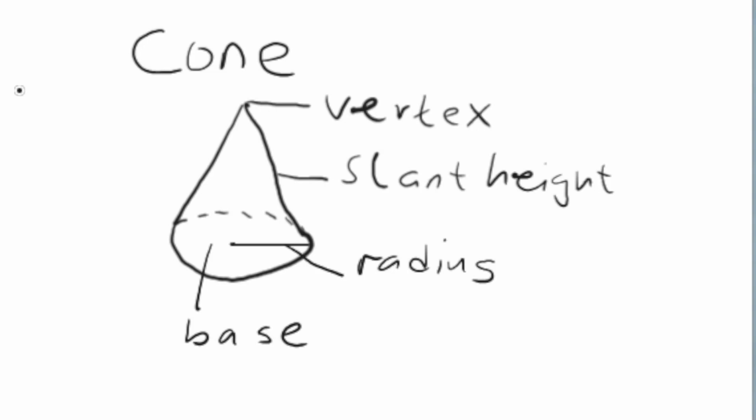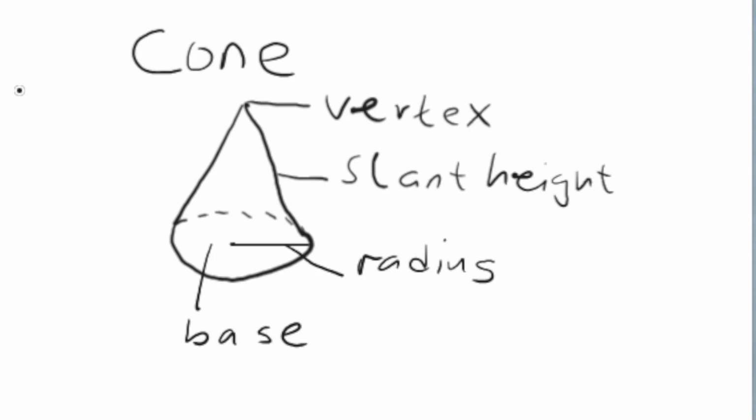It is a three-dimensional figure with a circle as the base, and it has a lateral surface that extends from the base, and they meet at a point. The height of the lateral surface becomes the slant height. So this is what you need to know.